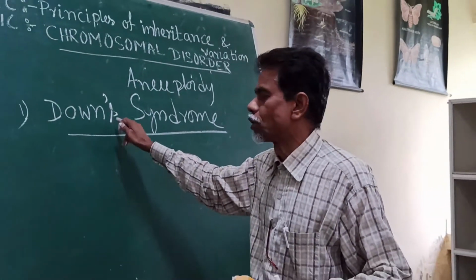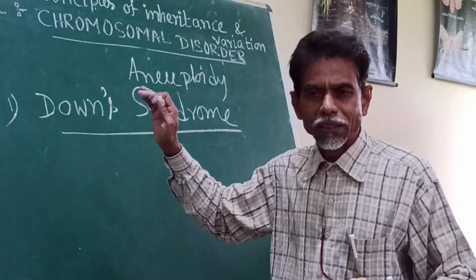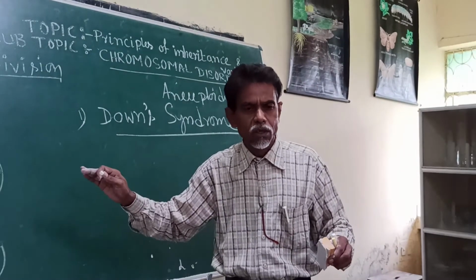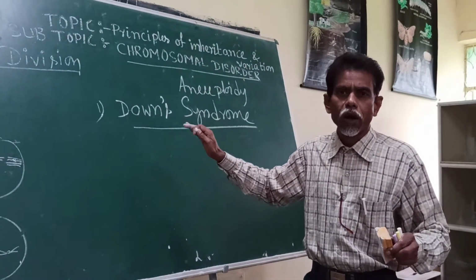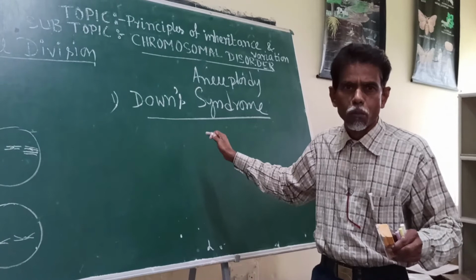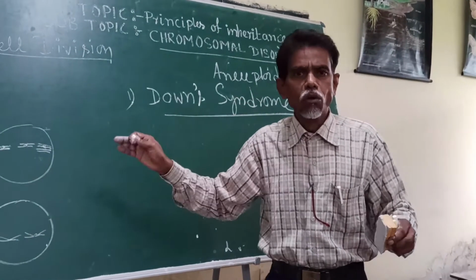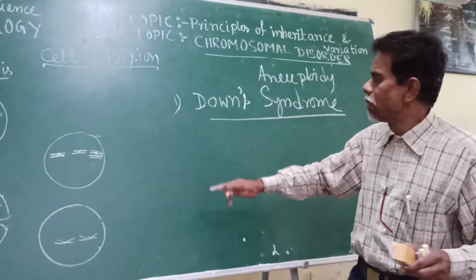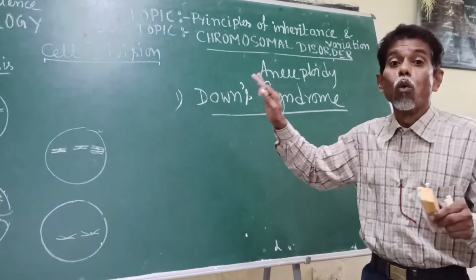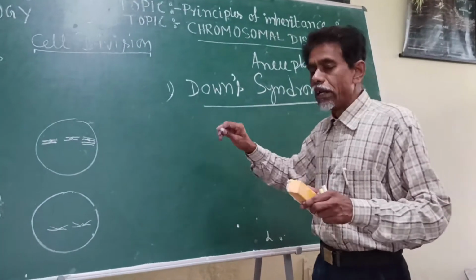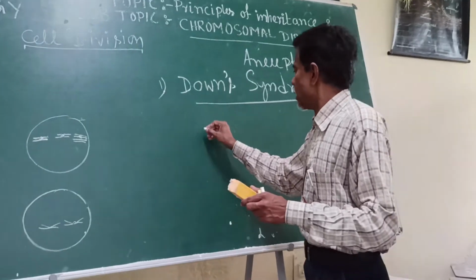It is named after the discoverer, the person who first discovered this syndrome. That is why it is called Down syndrome, after Langdon Down. What happens during Down syndrome?